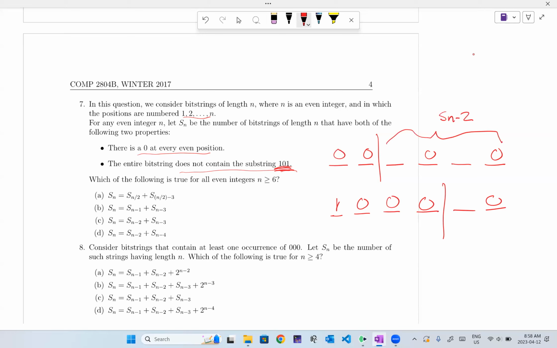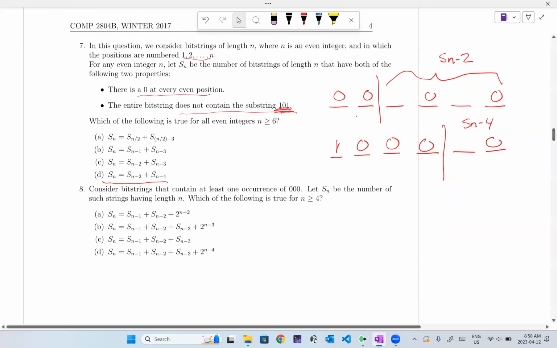The rest of the bit string is fine as long as it doesn't have 1, 0, 1, and it has length n minus 4. So there's S of n minus 4 of those. So in this case, it would be D. There are a lot of questions of this type, and that's basically it. You start building them and then see what the consequences are.